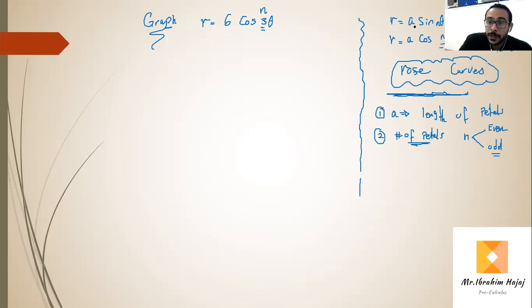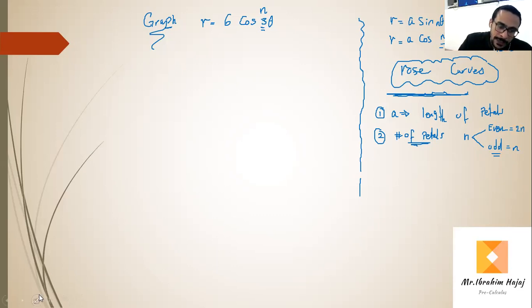If we have r equals 3 sine 5 theta, I have 5 petals, okay? When it's odd, it stays the same. The number of petals is the same as n. But when the n is even, like 2, 4, 6, 8, and so on, the number of petals equals twice the n.